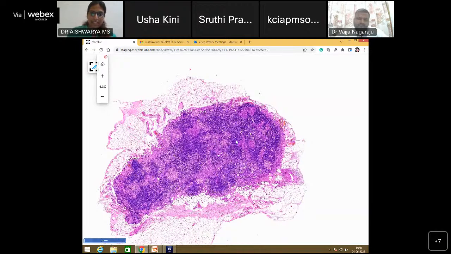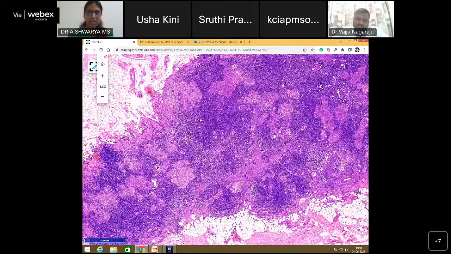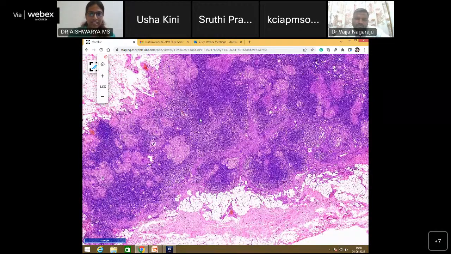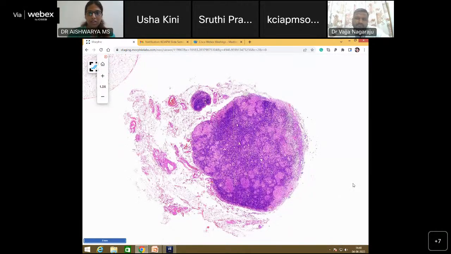Ma'am, the normal architecture is replaced by some other material. Normally the lymph node shows the cortex full of lymphoid follicles and the medulla. But here the cortex is not really present. Even in the cortex, there are many eosinophilic areas other than the lymphoid follicles. So it is not a proper normal lymph node architecture.